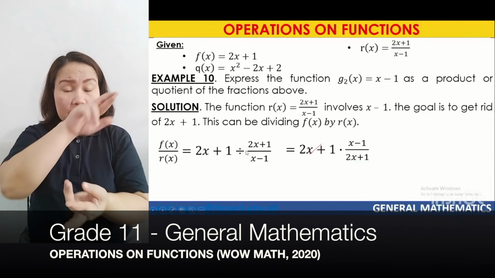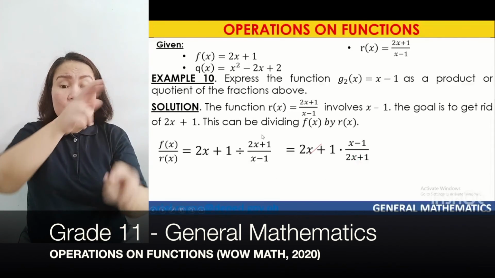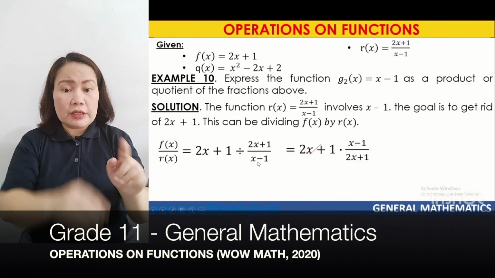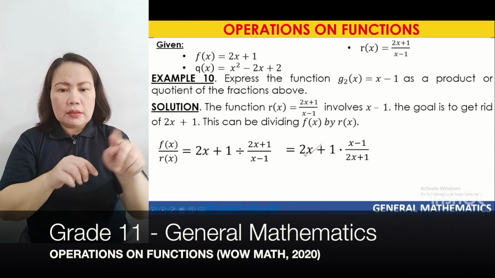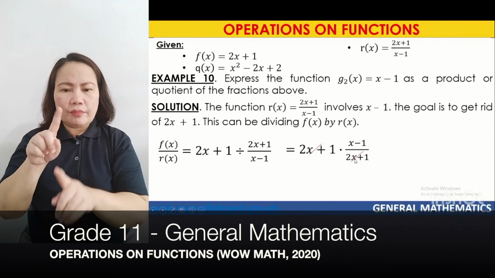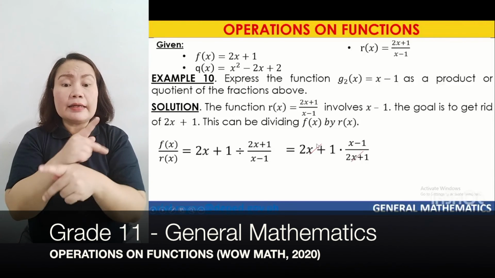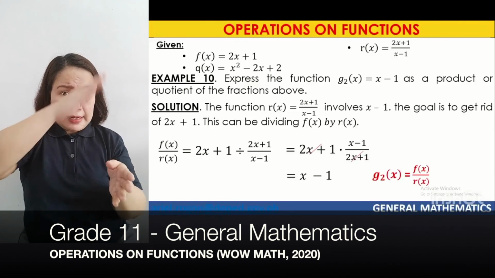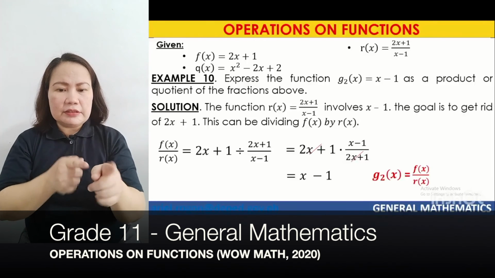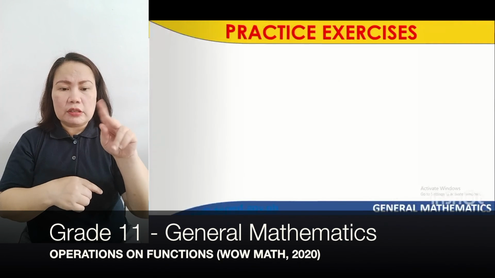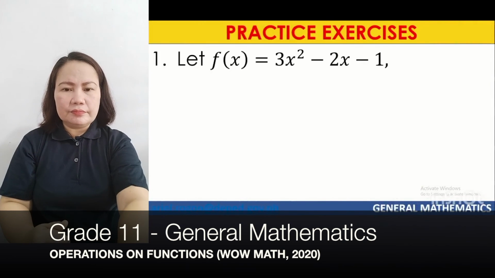Since this is division, we need to get the reciprocal of the divisor. So, let's take the reciprocal: 2x plus 1 times x minus 1 all over 2x plus 1. This will cancel. So, therefore, the answer is x minus 1. And that is the quotient of f of x over r of x. Okay?